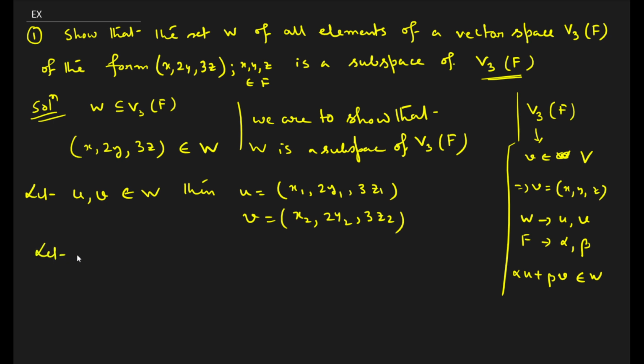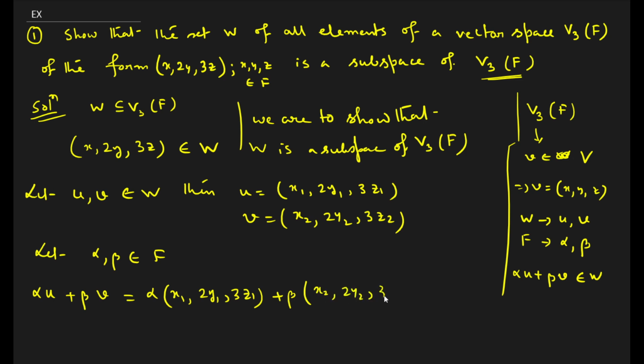And let us take 2 scalars, alpha, beta belong to F. Now let us combine them, alpha u plus beta v. So alpha into u, which was x1, 2y1, 3z1, plus beta into v, which is x2, 2y2, 3z2. Now how will I write it?